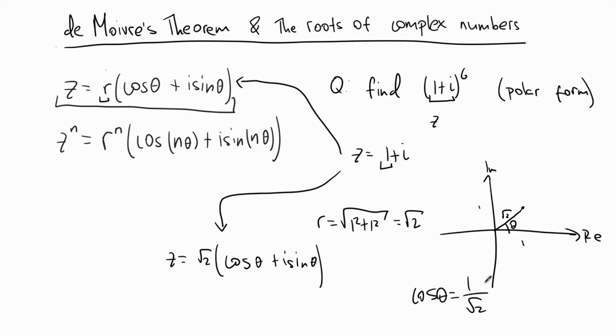And we know from trigonometry that this occurs when theta is 45 degrees, or in other words, pi over 4 radians. So let's go ahead and write this back into our equation.